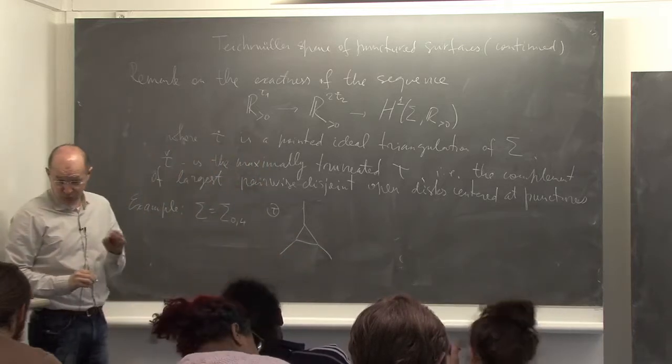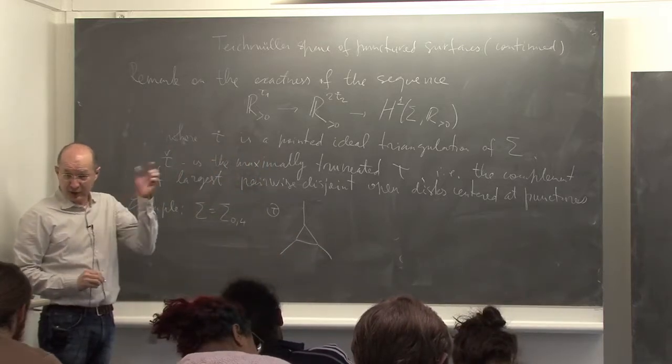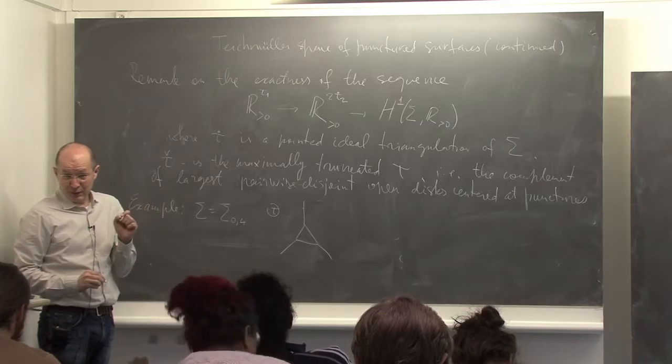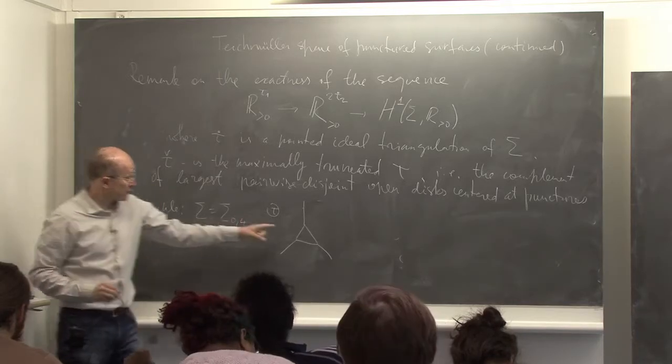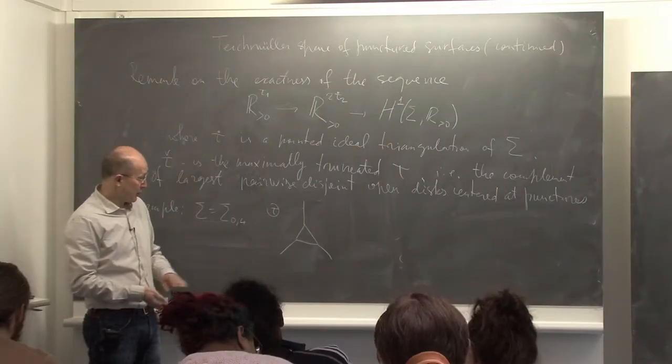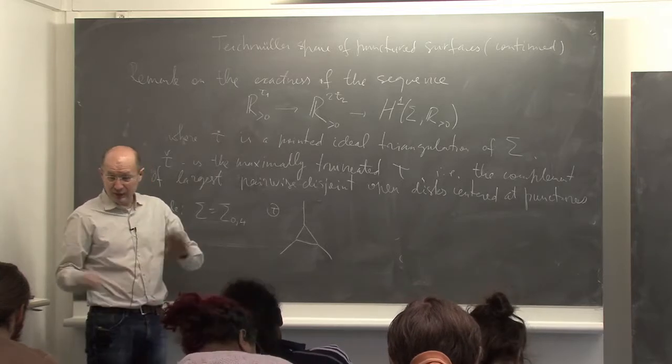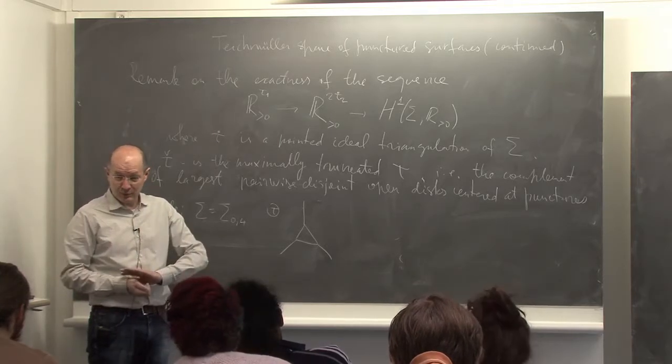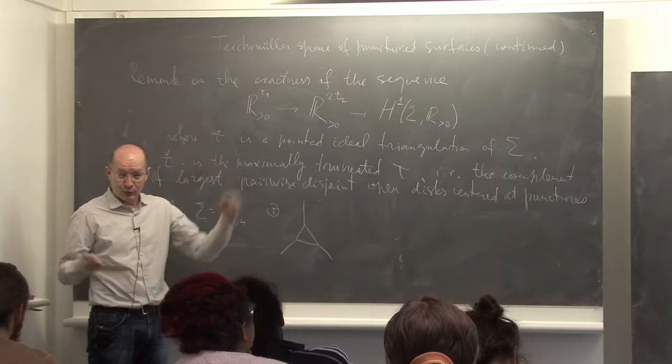We put one puncture at infinity, and then 3 punctures in the finite part, and then we draw the ideal arcs. So this is an ideal triangulation of the sphere, where the sphere is identified with a real plane with a point at infinity.